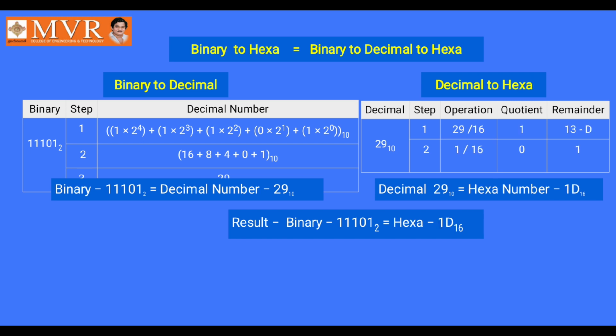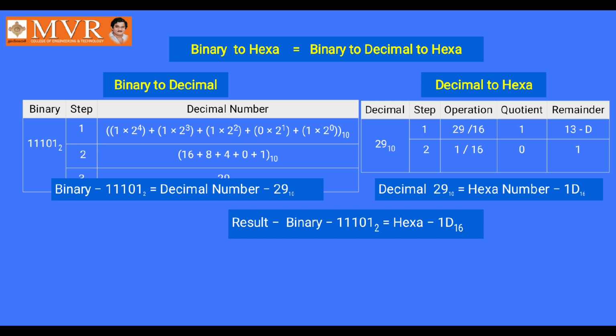Now the next one is binary to hexa. Same, binary to decimal and decimal to hexa. Just now we calculated the binary value of 11101 is 29 base 10, and that 29 we divided by 8 for octal, but here we are converting to hexa, that's why we are dividing with 16.